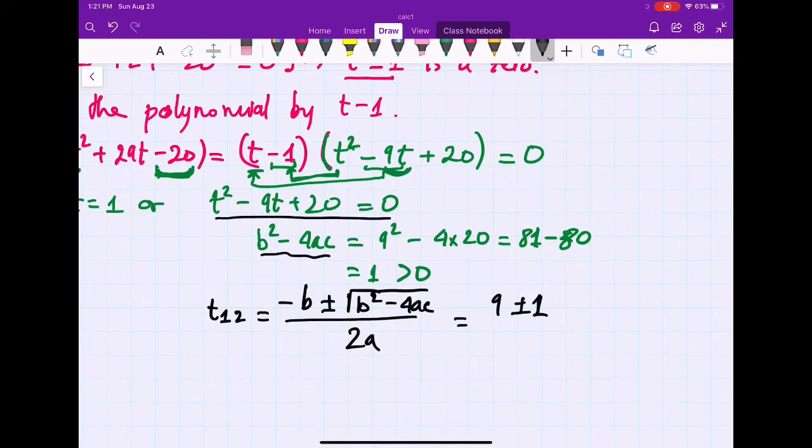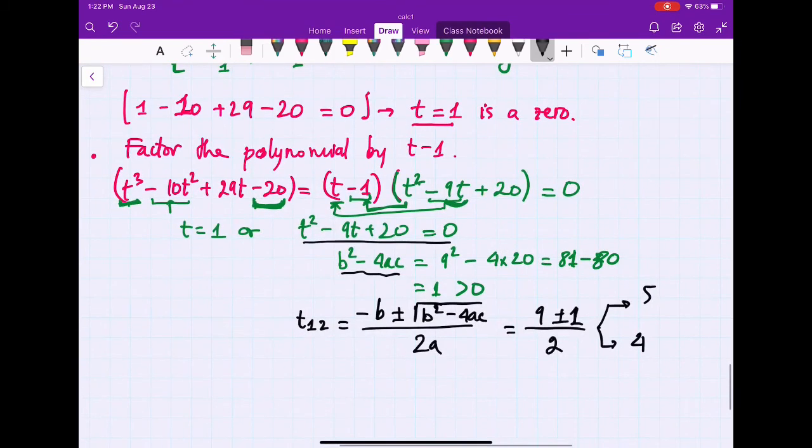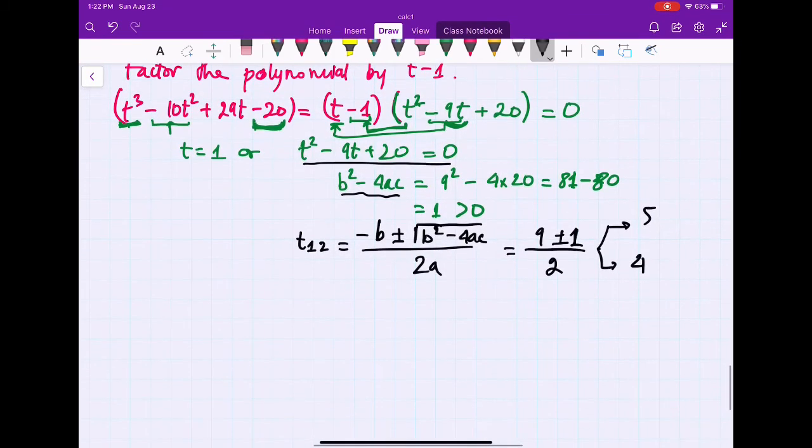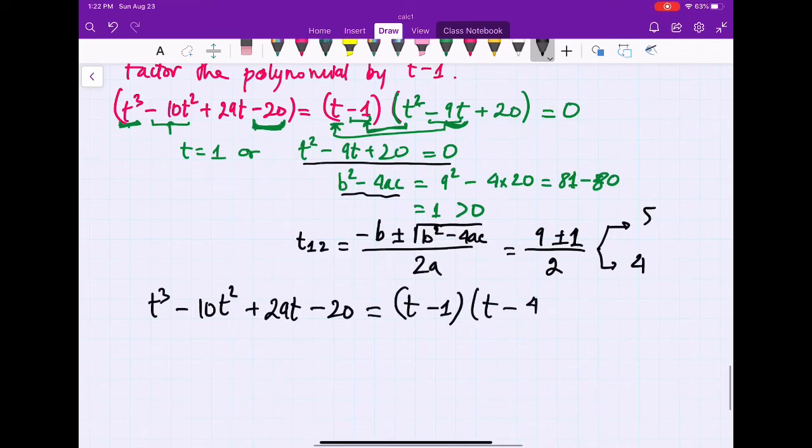Just square root of 1, which is 1. A is just 1. So from here, I will get 5 or 4. Look at this. So basically, our polynomial t cubed minus 10t squared plus 29t minus 20 equal to t minus 1 times t minus 4 times t minus 5.